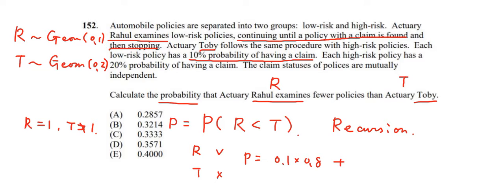So then plus, here just P, so this R not equal 1, R larger than 1. So the first one does not happen, we cannot determine.